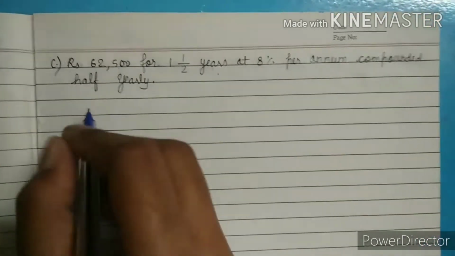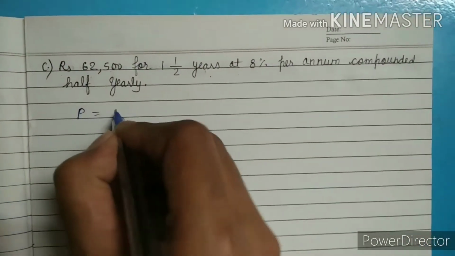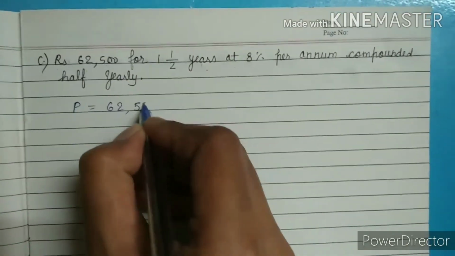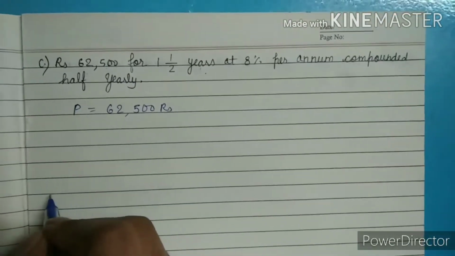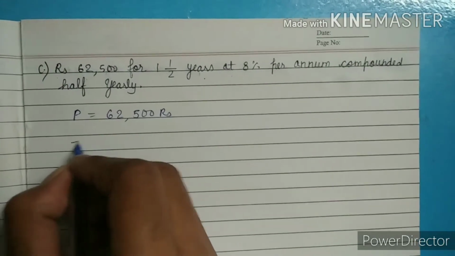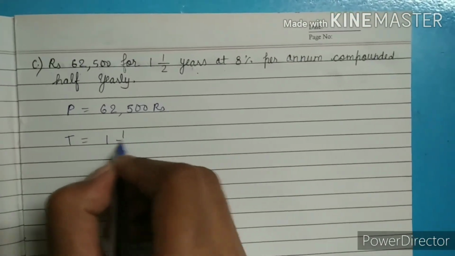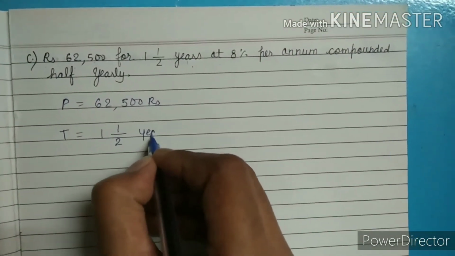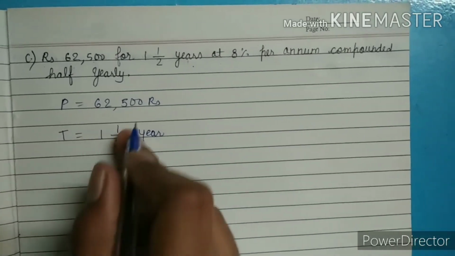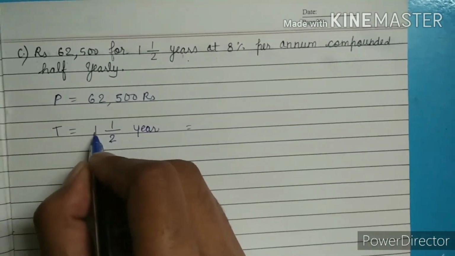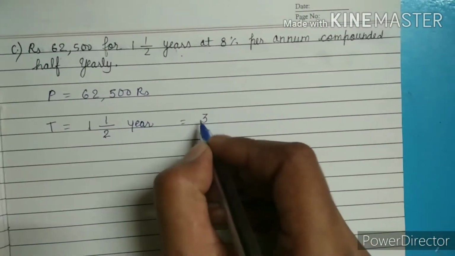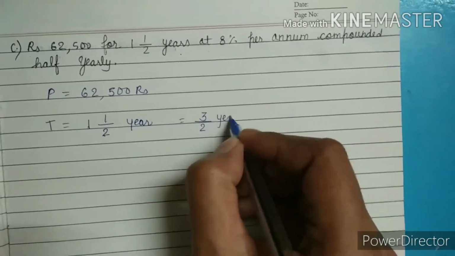So let's see. In this case, principal will become 62,500 rupees. Time is 1 1/2 years. When we solve this, 2 1 is 2, 2 plus 1, 3/2 years.